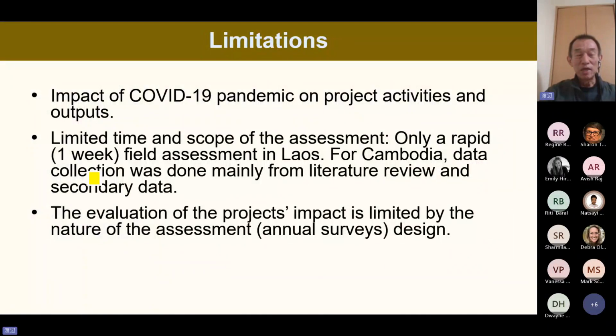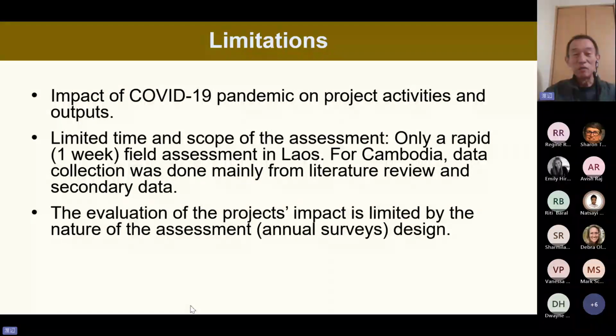So there was no data collection of control or comparison communities or areas. When you interpret the result of impact, it is only based on the difference between baseline and end line. That also should be kept in your mind when you interpret the result.